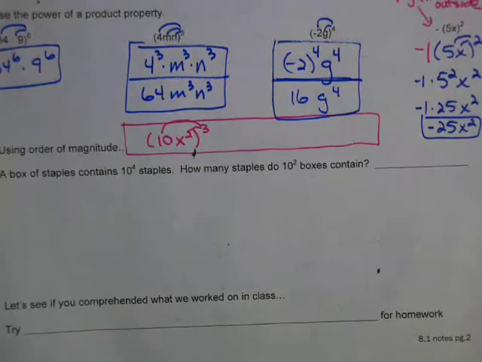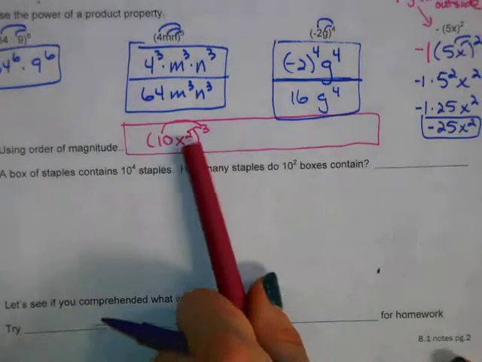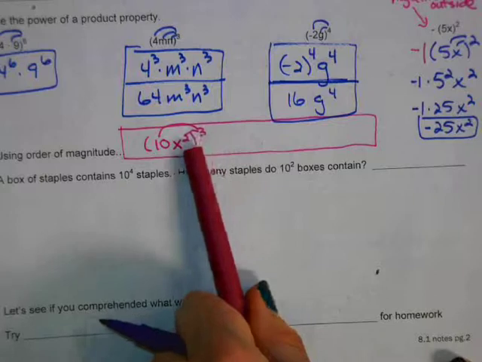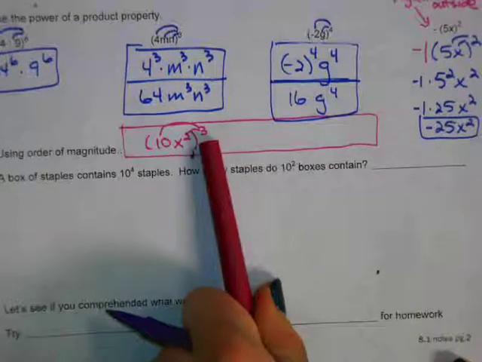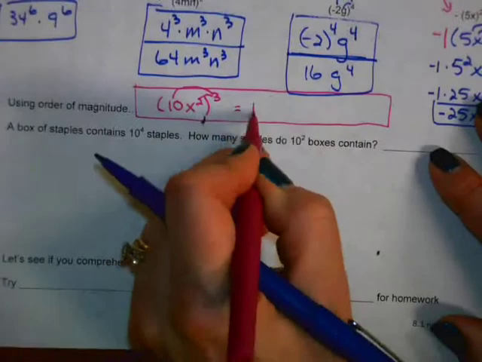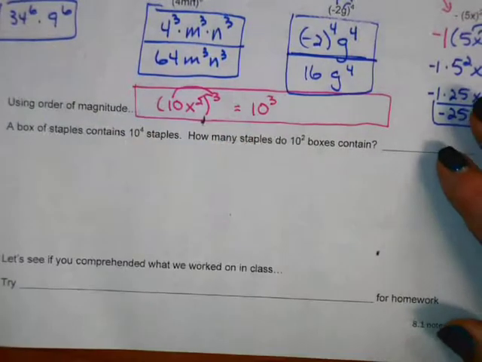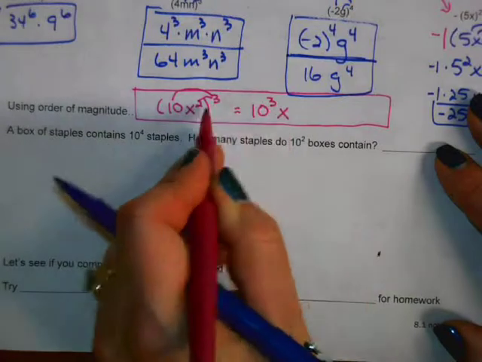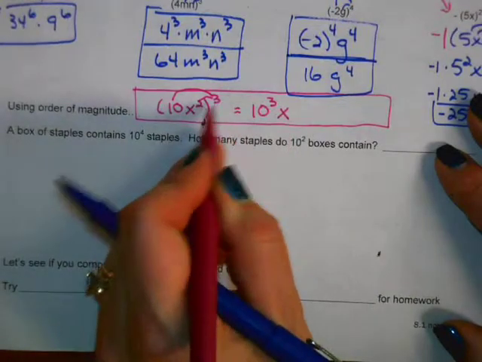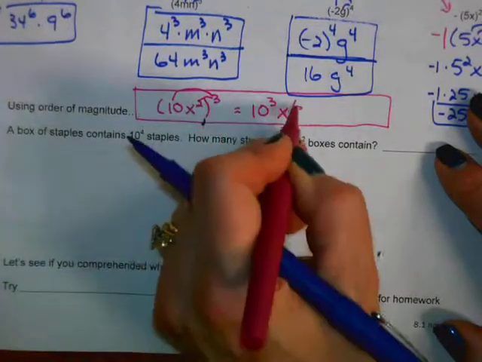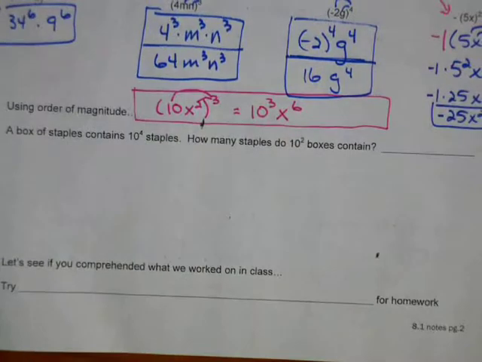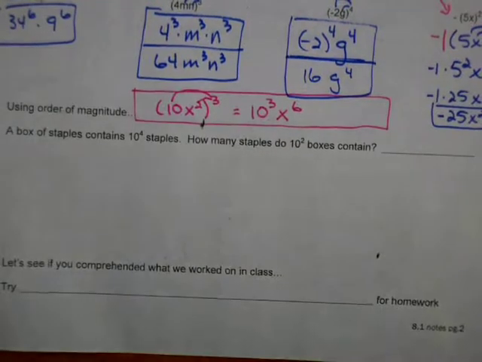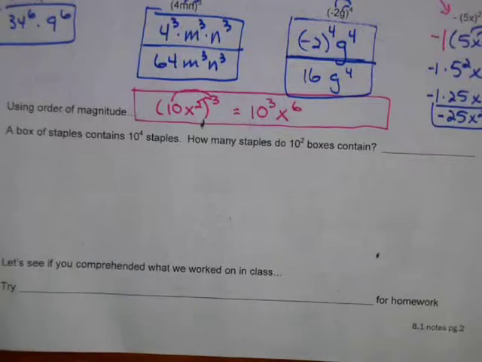It's distributing that 3, and what do I have to do here? I got to multiply those, right? Just like we did up here. So it's going to end up being 10 cubed x to the what? 6, 2 times 3. So it's incorporating 2 of the properties. Sometimes you'll use all 3 of the properties in one problem. So you're kind of going to practice that, okay?